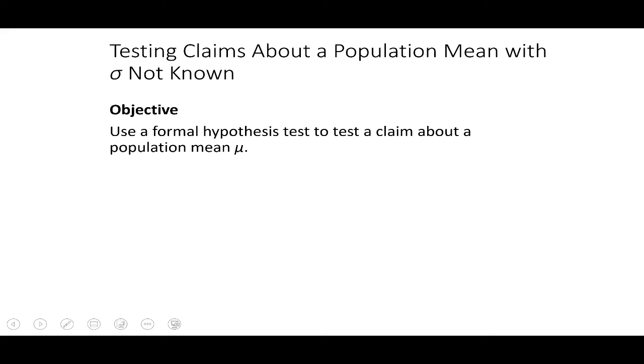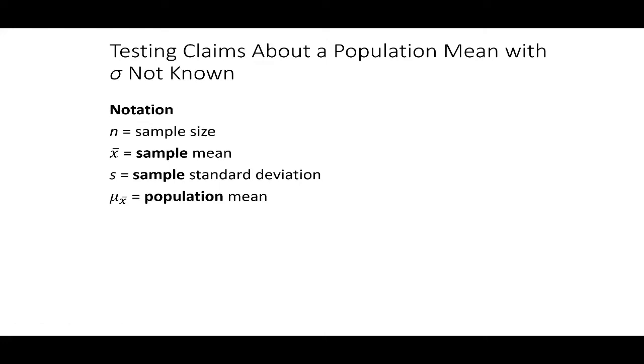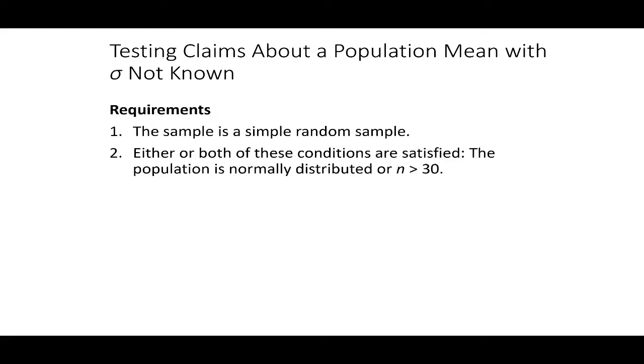The objective is to use a formal hypothesis test to test a claim about a population mean. These are the symbols we use, and the requirements when we use this method when the standard deviation for the population is not known.